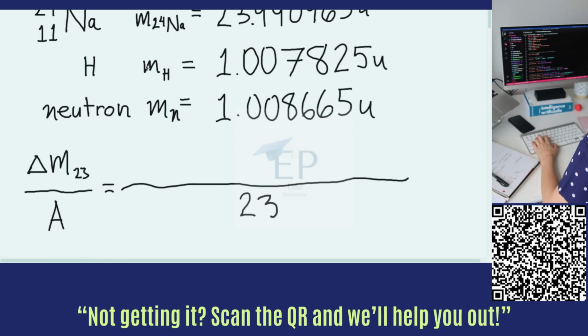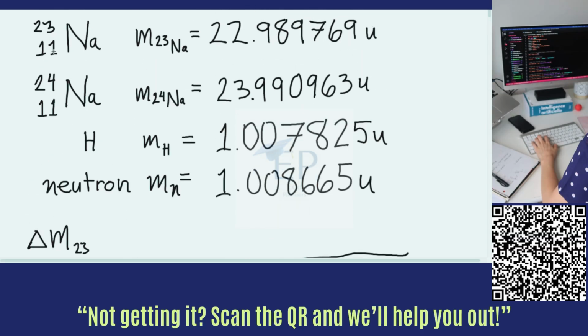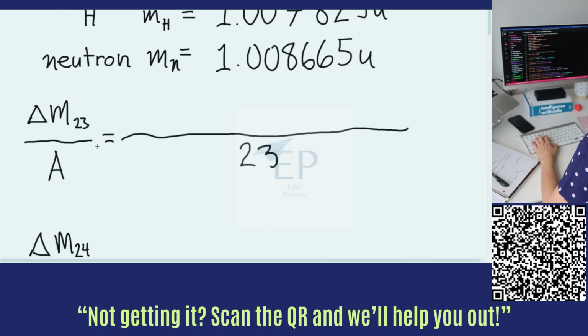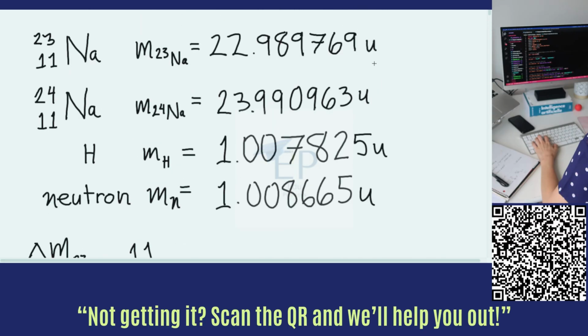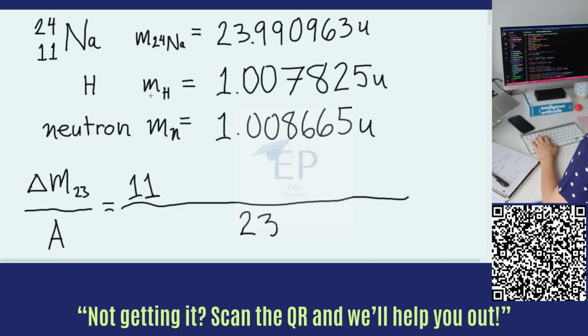We need to find the combined mass of the individual constituents here. We know that there are 11 protons in the sodium atom, and we need to also include the electrons because we're talking about a full atom here in the atomic mass. That's why I'm not multiplying the mass of individual protons here.